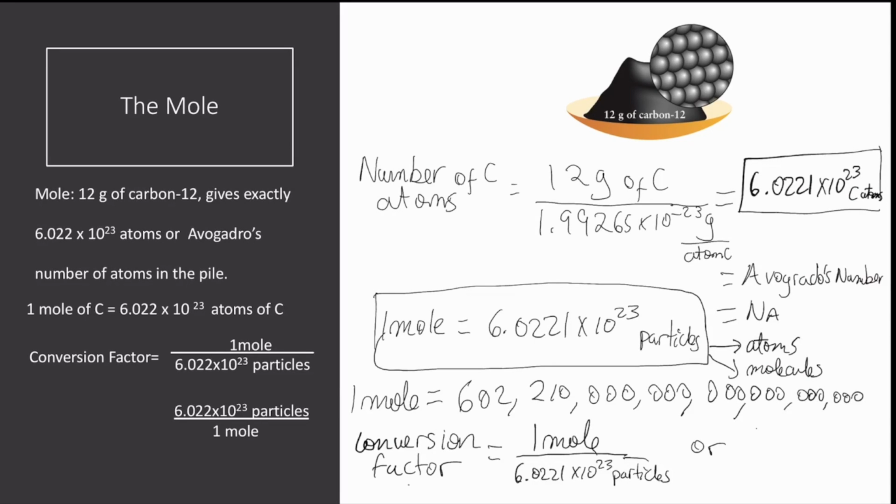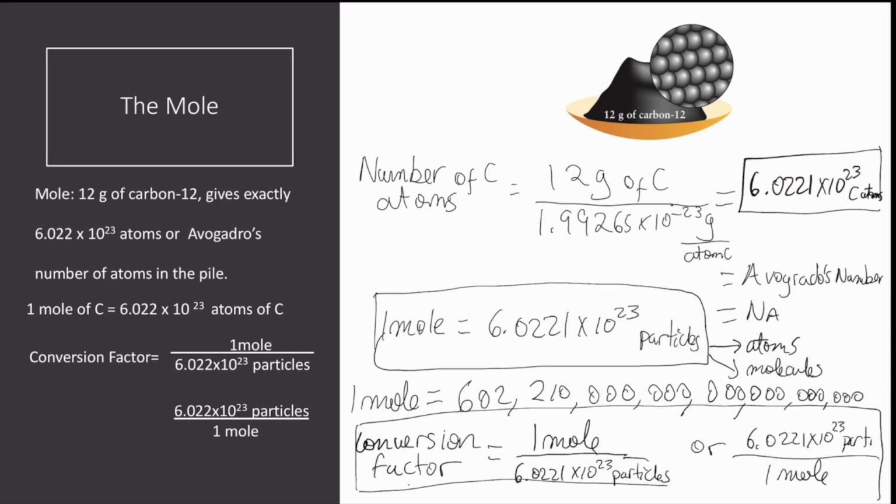Or for 6.0221 times 10 to the 23rd particles, we have 1 mole. And this is the conversion factor that we will use in the following examples.